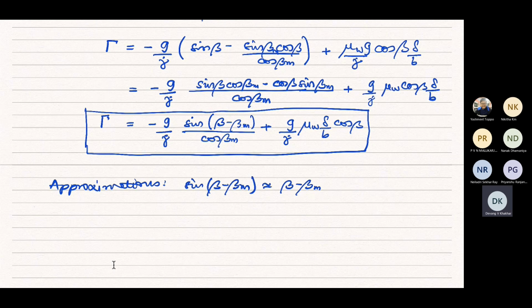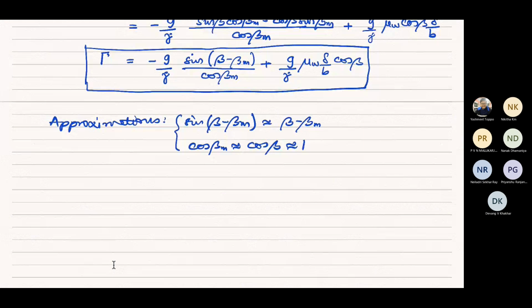And further, if we assume that the angles are small, and cos beta m will be 1, maybe 0.9, 0.8, something like that, but close to 1.